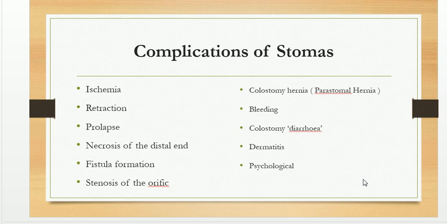Dermatitis, changes which occur around the stoma. And psychological complications. A patient who is having a stoma, obviously we have to reassure these patients because they are psychologically disturbed. They avoid going outside, they avoid different areas.